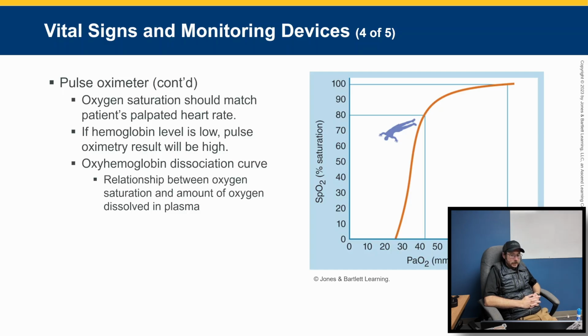But the big thing to know here is once your SpO2 reading gets to 90, it basically falls off a cliff. So it will very, very rapidly drop from 90 to 70 to 50 to nothing. That is why if you're doing an intubation, you should always have someone who's dedicated to watching the SpO2 number on the monitor.